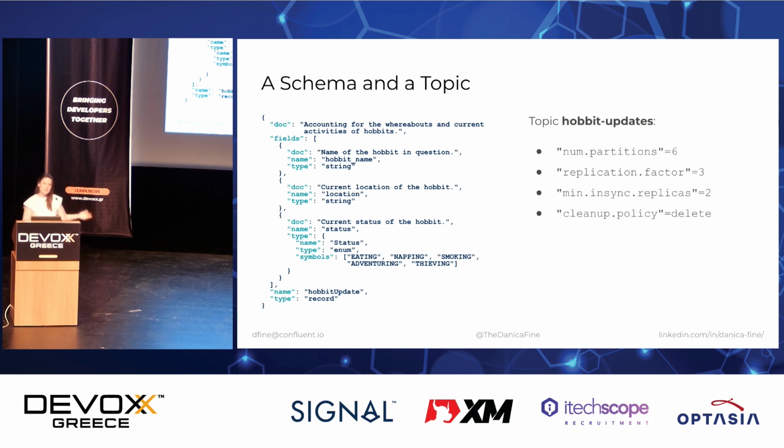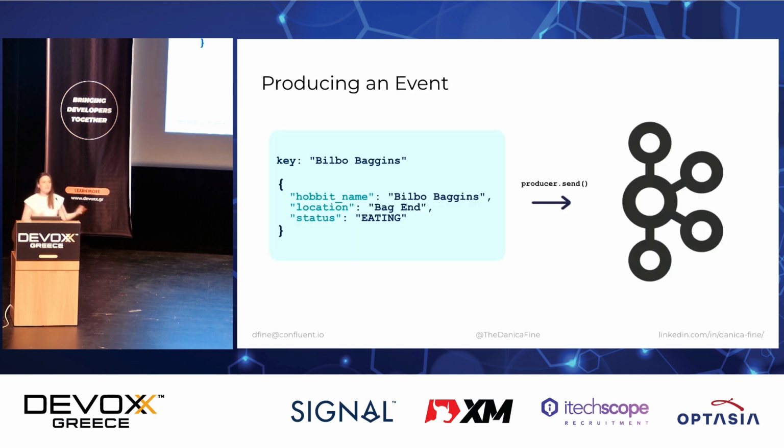All right, so we have a schema, we have a topic, let's put some data into that topic, right? So I have an event, all right, Bilbo Baggins, he's at home in Bag End, he's just eating, as hobbits do. So if I want to write this data into Kafka, what am I gonna do? Set up a producer client, right?